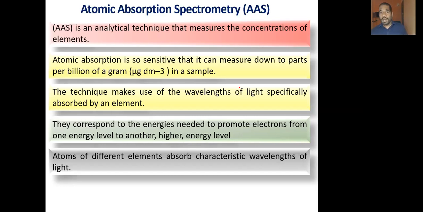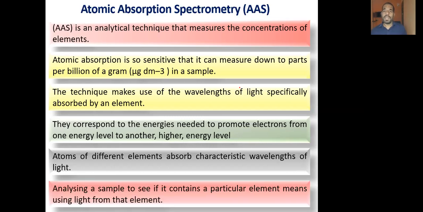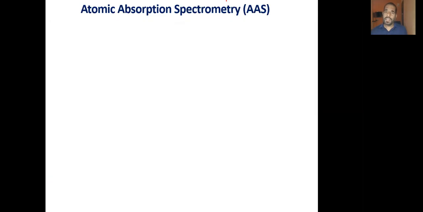So that wavelength can be absorbed, and that is used in this technique, and the principle of this technique depends on that. Analyzing a sample means checking whether a particular element is present in the compound, using light from that element.